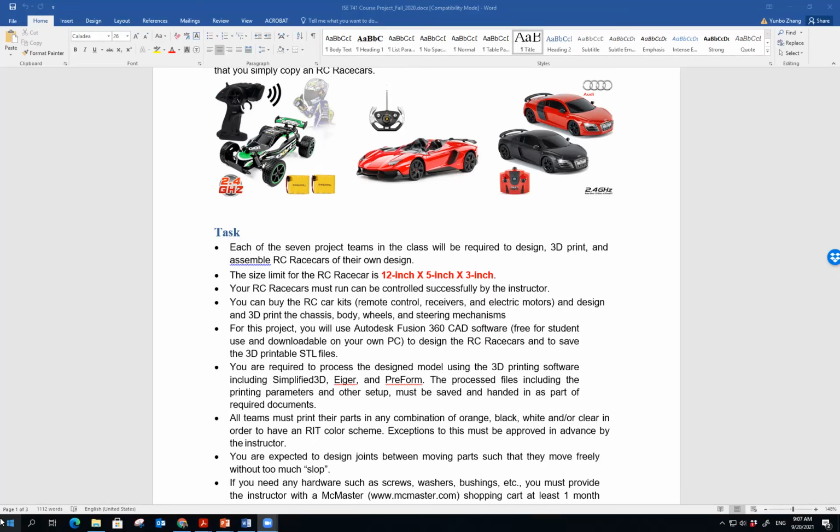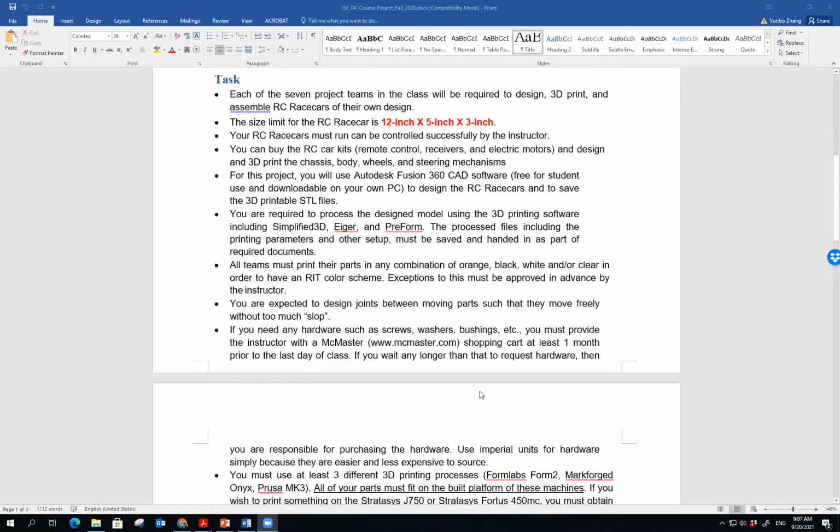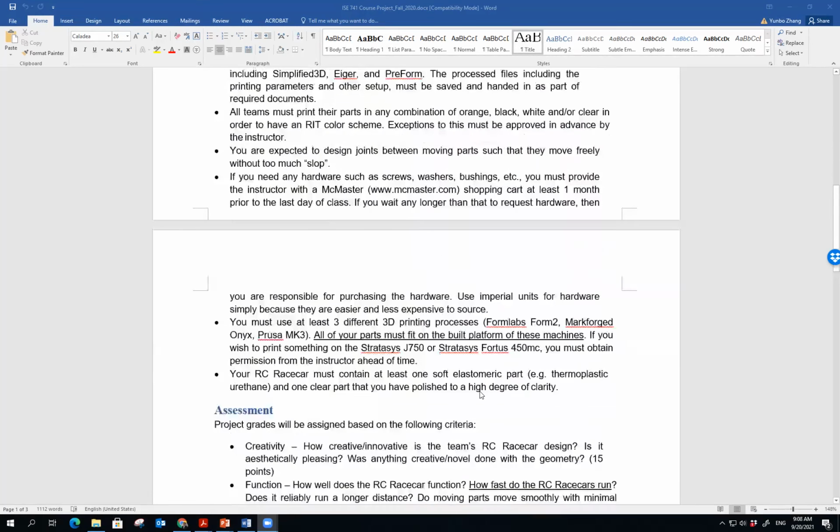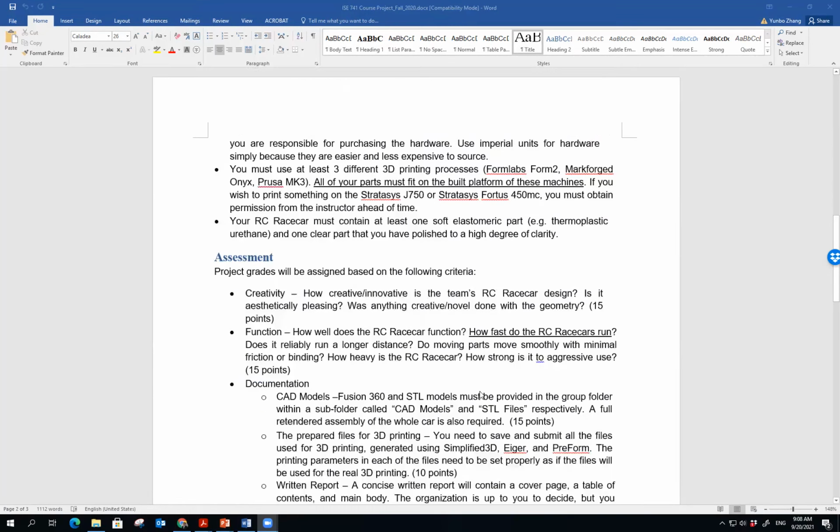That's one possibility, or you can form groups however you want. 3 to 4 students per group, something like this, is a fair amount of people per group.